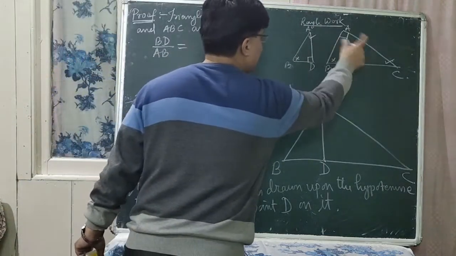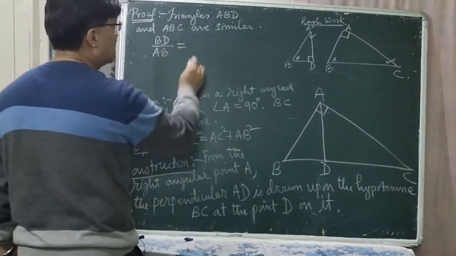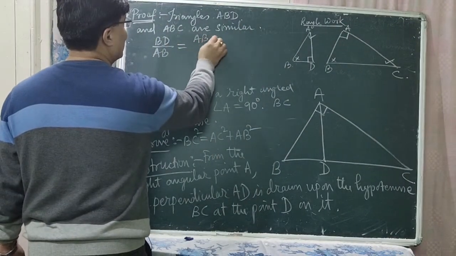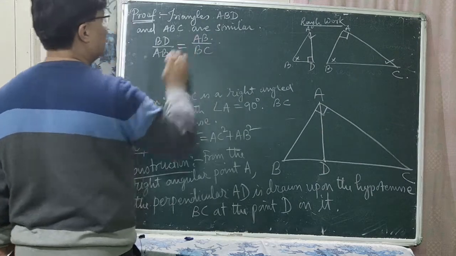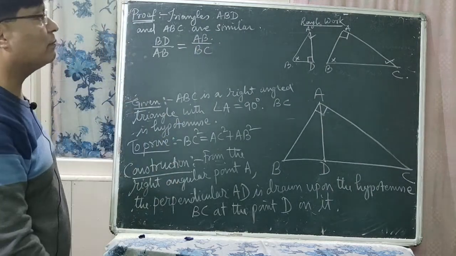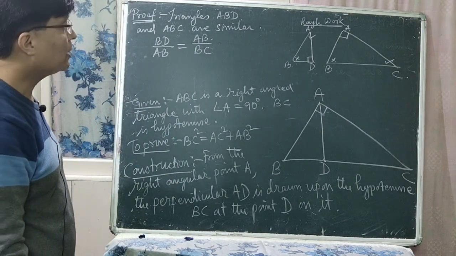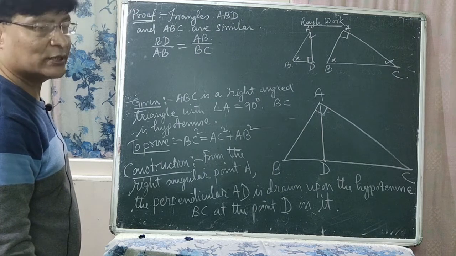That is, base AB divided by hypotenuse BC. So this is AB divided by BC. That means their corresponding sides are proportional. So I think you have understood it.